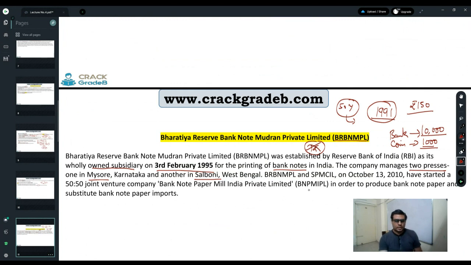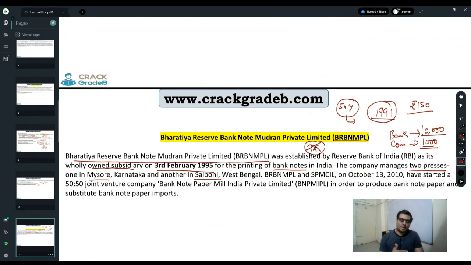But these two units are under the complete control of Bharatiya Reserve Bank Note Mudran Private Limited, whereas the other units are of the Government of India, but they issue the notes as per administrative action taken by this organization. And what amount should be printed is going to be decided by the Reserve Bank of India as per the need of the economy, right?